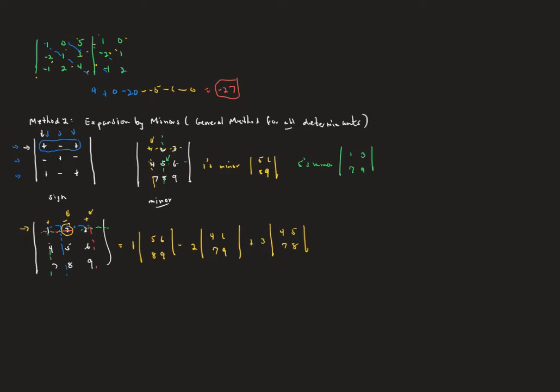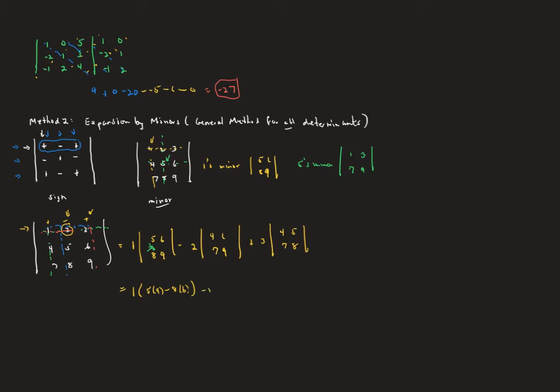Now, when we evaluate this, we're evaluating our 3 by 3 determinant. So remember, we're going to get 1 times, and now the way we evaluate these 2 by 2's is we go down minus up. So that is going to be 5 times 9 minus 8 times 6. Whoops. So that's going to be its minor.